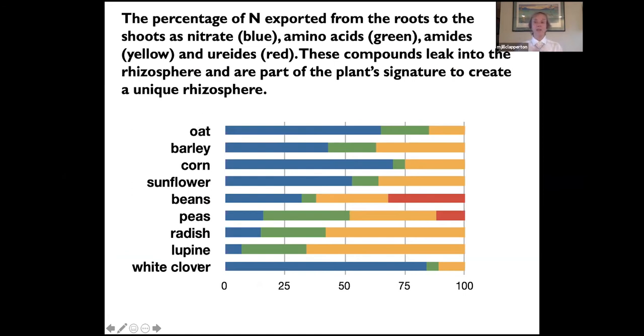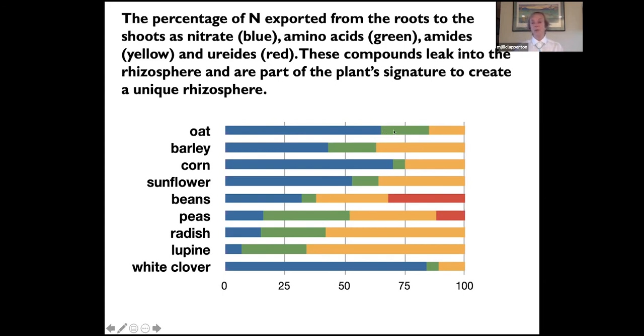And it's the percentage of nitrogens that are in the plant roots. And so this is essentially a nitrogen signature of roots. So oat roots, the reason that they compete so well is because they actually, like corn, have a lot of nitrates. So they actually will use nitrates.